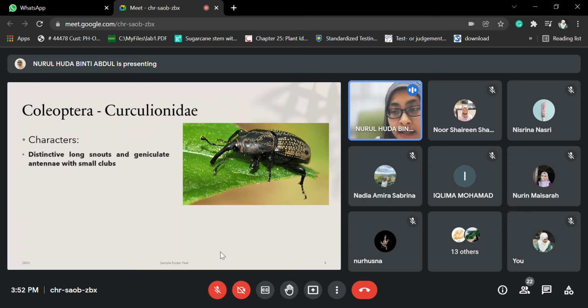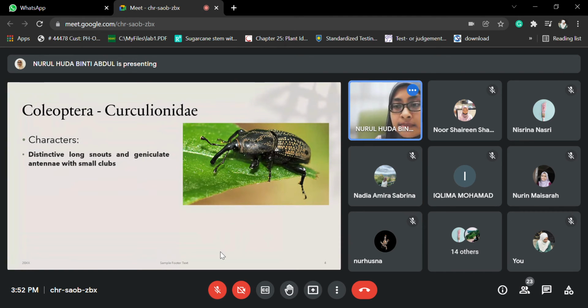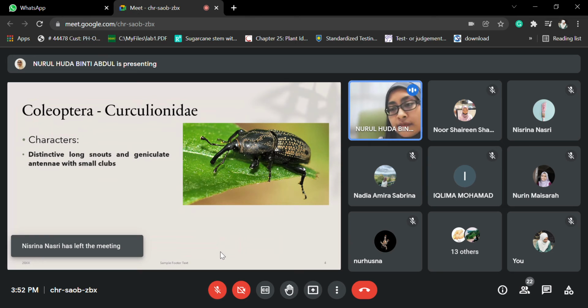As you can see here, although the middle part is not very visible, the hind leg and foreleg have the femur. Remember we have femur, tibia, tarsus at the end, then claw. From the body, we have coxa, trochanter, femur, tibia, and tarsus.